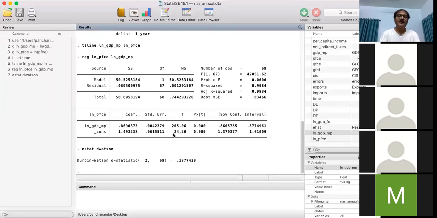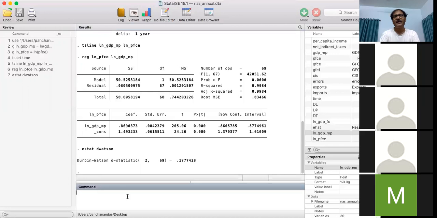So before estimating the relationship between two or more time series variables, your first task is to look into the order of integration of the variables. In other words, before using the variables in your estimating model, you have to check whether the variables contain unit root or not. And you know how to check unit root.